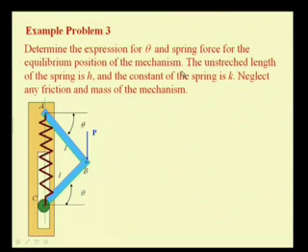So, we are interested to determine this position theta for which this system is in equilibrium, if we know that the spring constant is k and the unstretched length of this spring is h. So, we are interested to find this equilibrium configuration theta and the spring force for this equilibrium position.